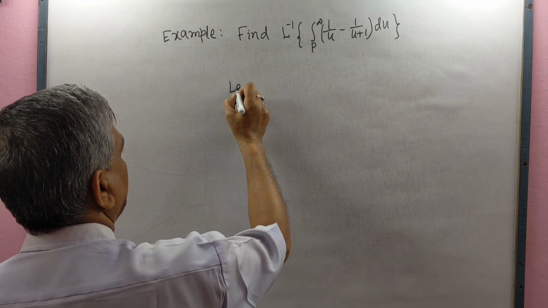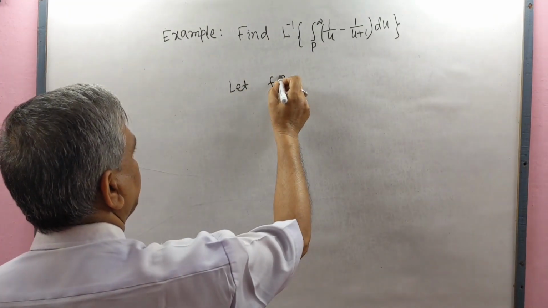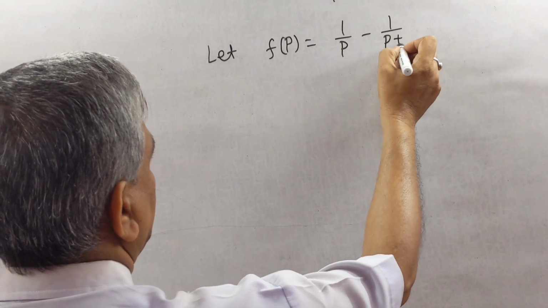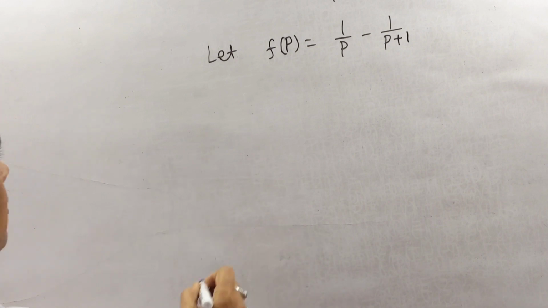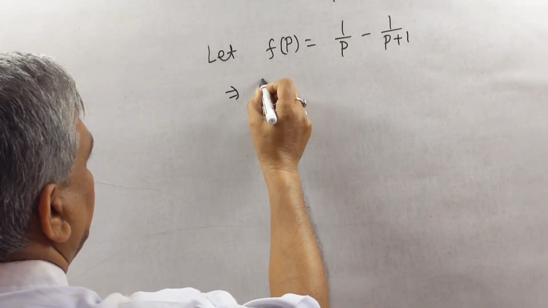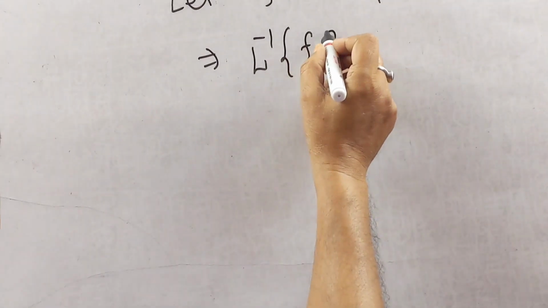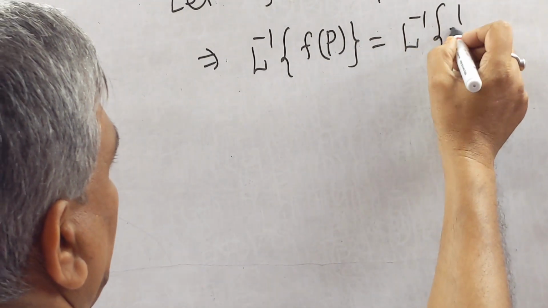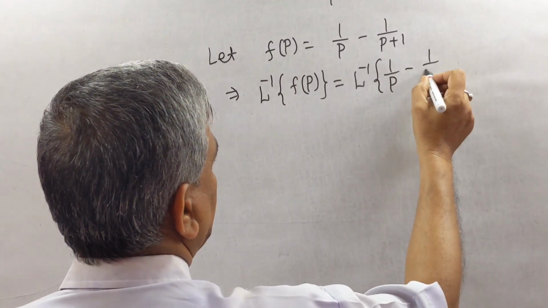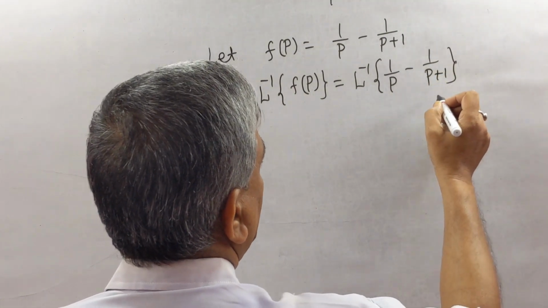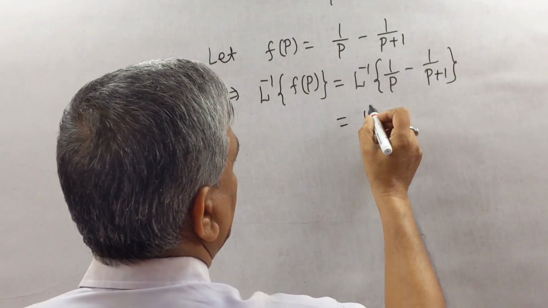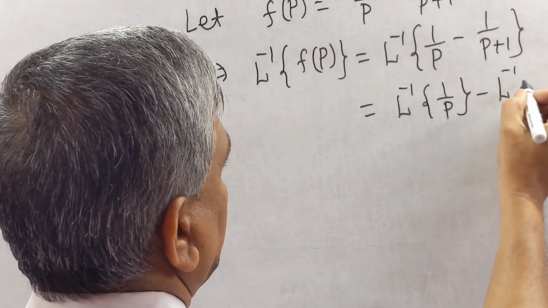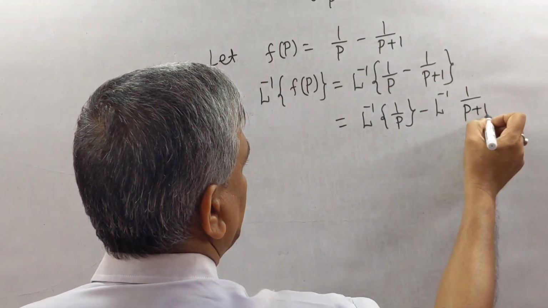Let F(p) equal 1/p minus 1/(p+1). This implies L inverse F(p) equals L inverse 1/p minus L inverse 1/(p+1).